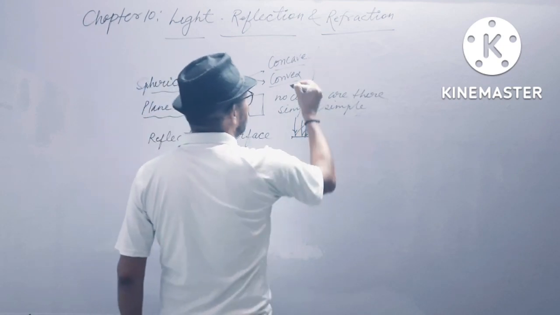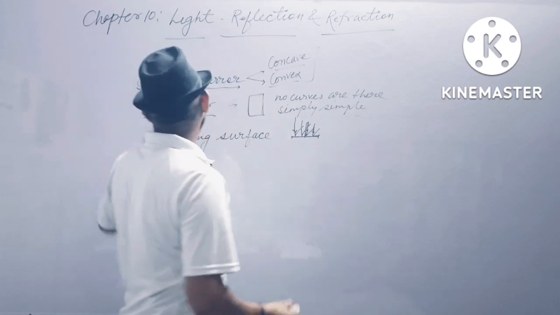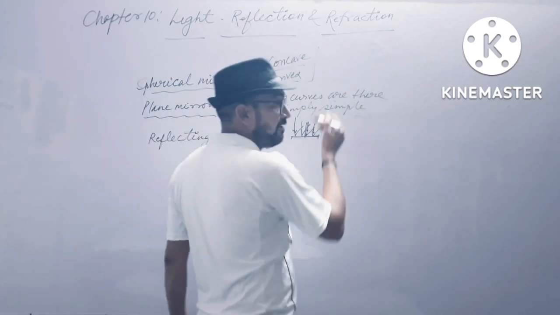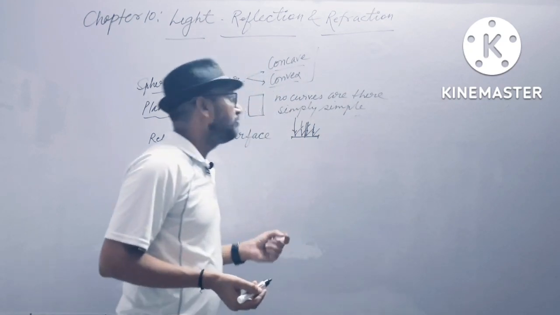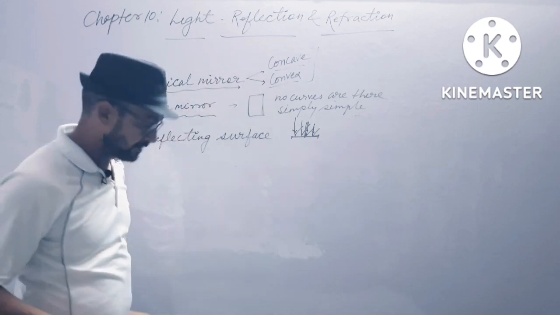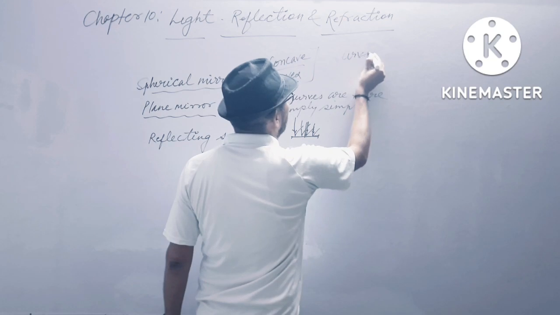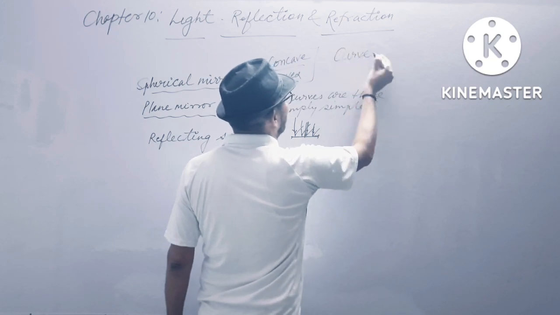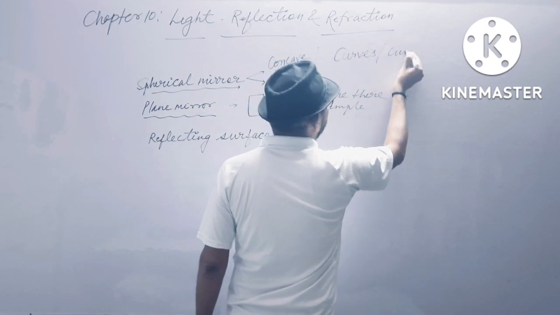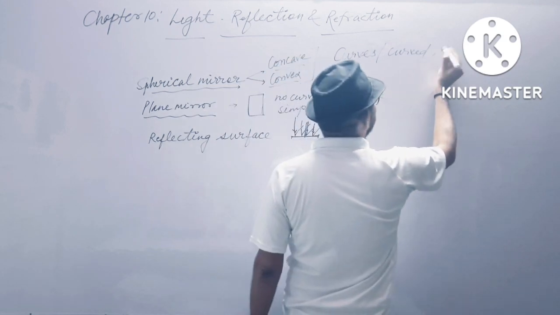In both of the mirrors, the common thing is that both are spherical mirrors, and by virtue of being spherical mirrors, concave and convex mirrors have curves, or a curved reflecting surface.